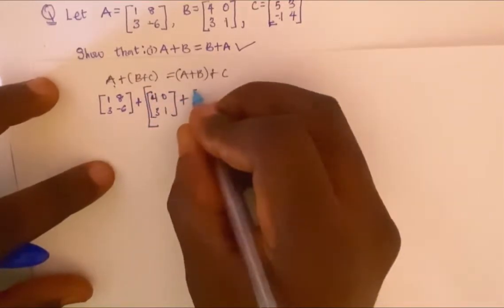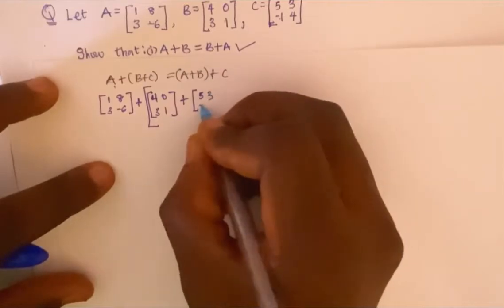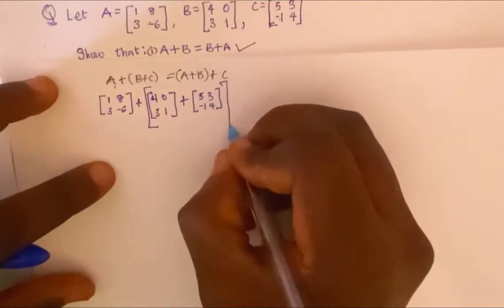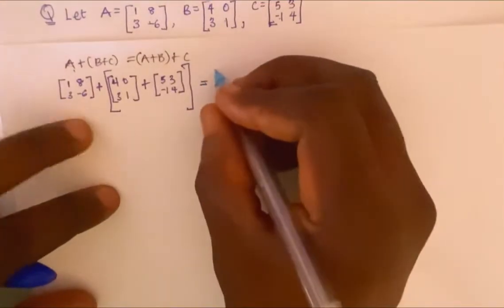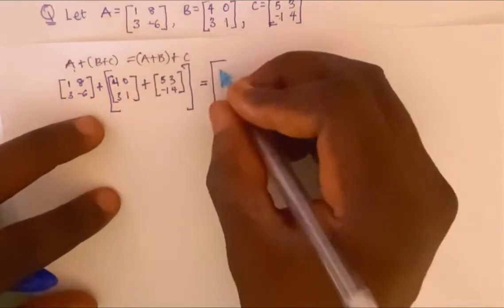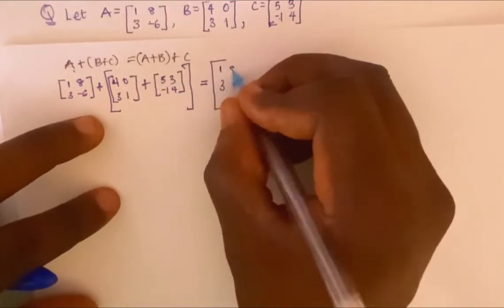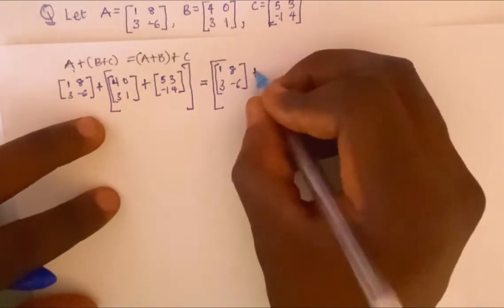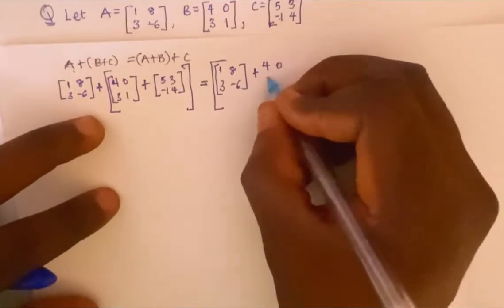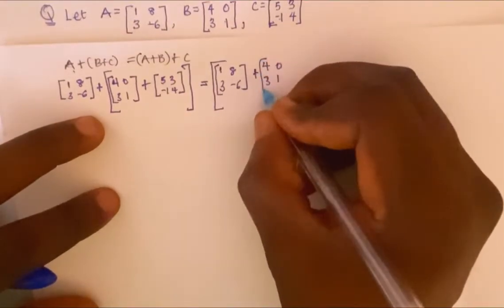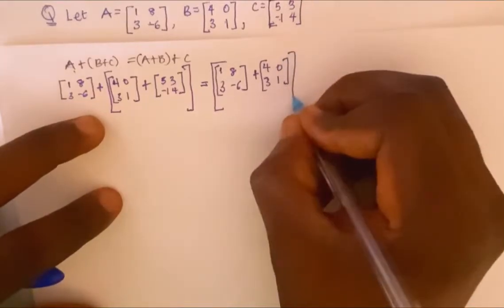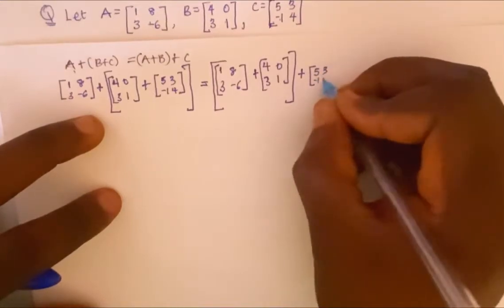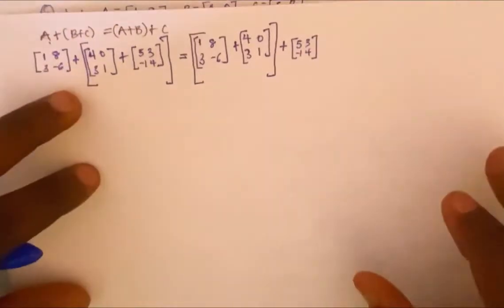Then plus another one, which is 5, 3, minus 1, and 4, which is my C. Then I'm asked to show if it is equal to the bracket here, which is my A, 1, 8, 3, and minus 6, plus my B, that's 4, 0, 3, and 1 in brackets, then plus just my simple C, 5, 3, minus 1, and 4. Sorry for my writing being somewhat small.